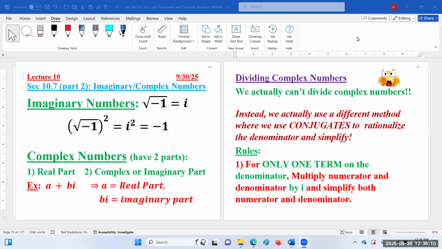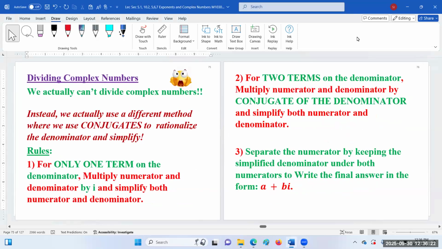And we also talked about how to rationalize. We don't know how to divide radicals, so we don't know how to divide complex numbers. Just like rationalizing, we also rationalize the imaginary numbers. Based on how many terms we have in the denominator, we use different methods. If we have only one term, we just multiply top and bottom by i.